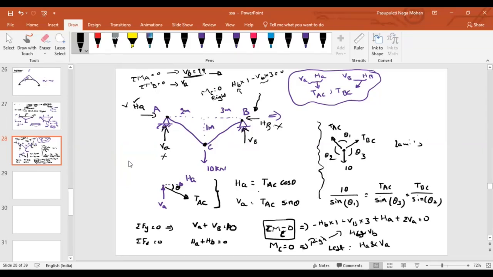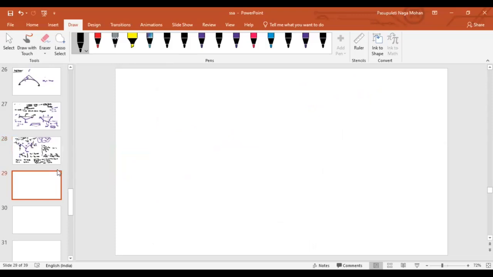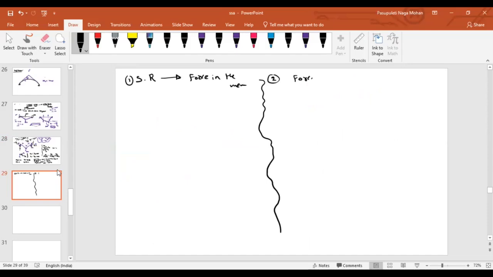First of all, you do one thing. Let us solve this problem in two ways. First one is find the support reactions first, and based on them, find the forces in the members. And in the second case, first you will find forces in the members and then you will find the support reactions. So let us do the first step, find the support reactions.